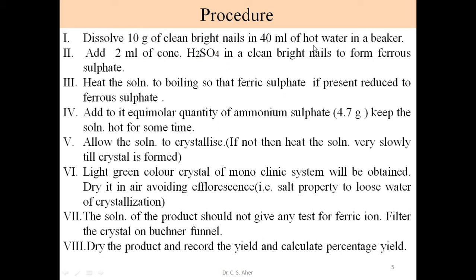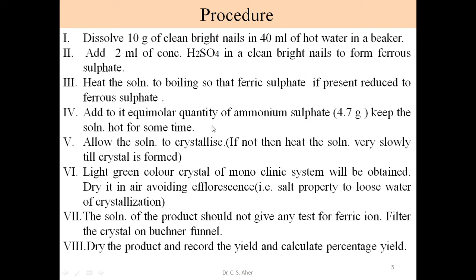Then, above the nails, we add 2 ml of concentrated sulfuric acid. A vigorous reaction takes place to form ferrous sulfate. We heat the above solution to boil so that any ferric sulfate present is reduced to ferrous sulfate.